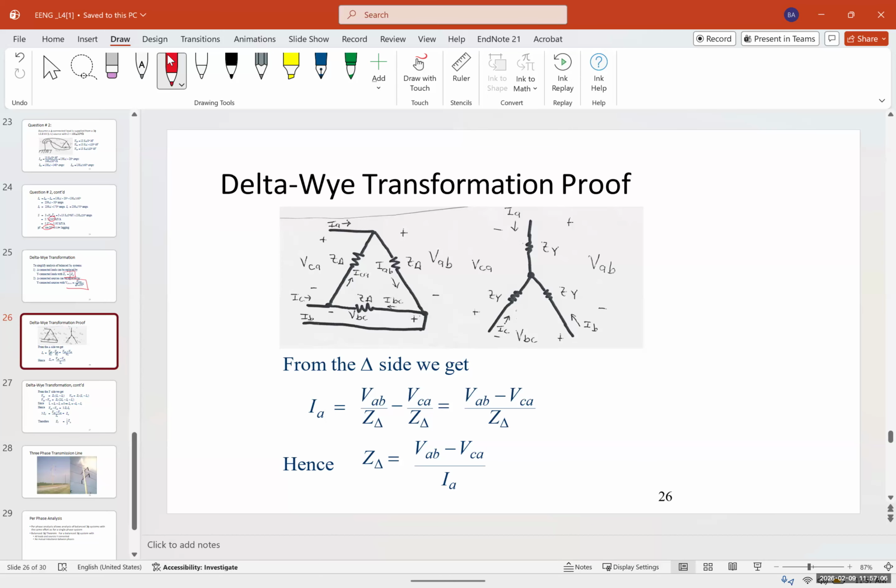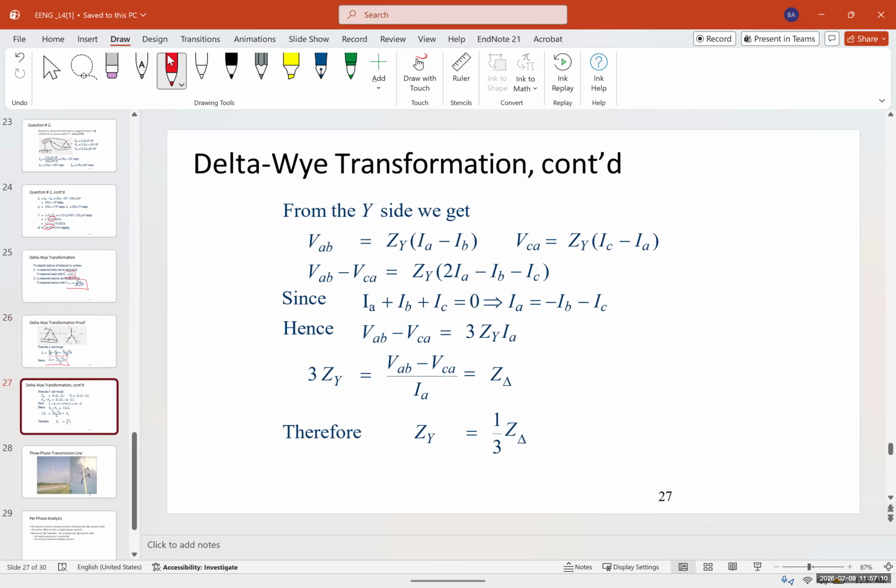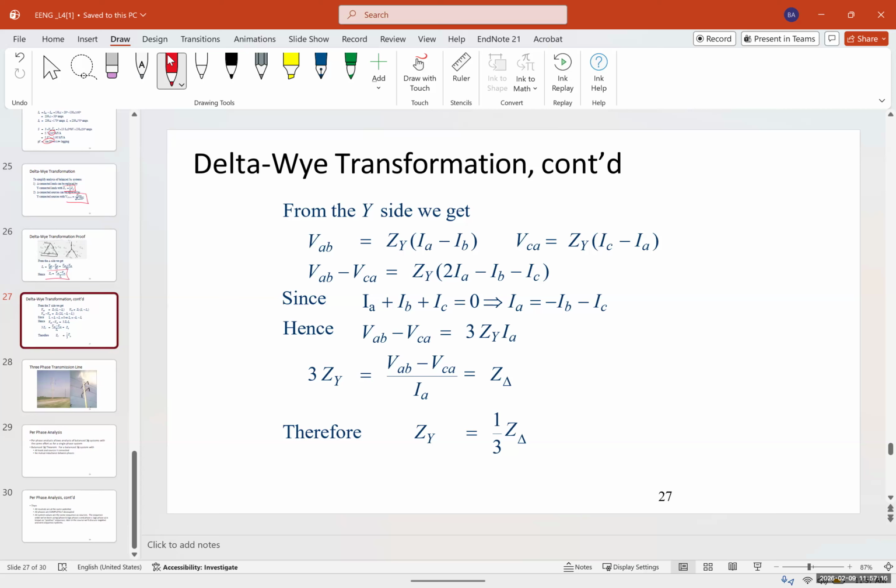Hence, Z delta would be VAB minus VCA over IA. Now, from the Y side, we get VAB is going to be ZY times IA minus IB, and VCA is ZY times IC minus IA. Therefore, VAB minus VCA gives us ZY times 2IA minus IB minus IC.